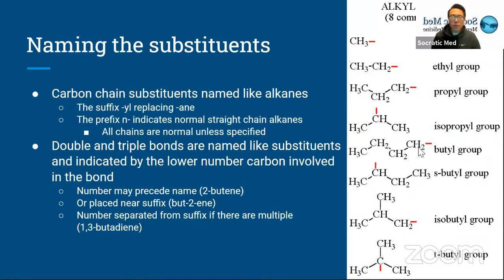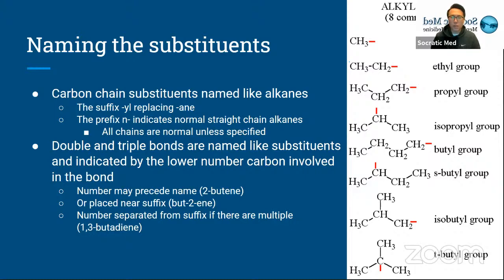Okay, so if the substituent is an alkane, a carbon chain, you do that by replacing the suffix ane with the suffix yl. So instead of methane, it would be methyl. Instead of ethane, it would be ethyl. Sometimes they include the prefix n to specify normal straight chain alkanes, but usually they don't.